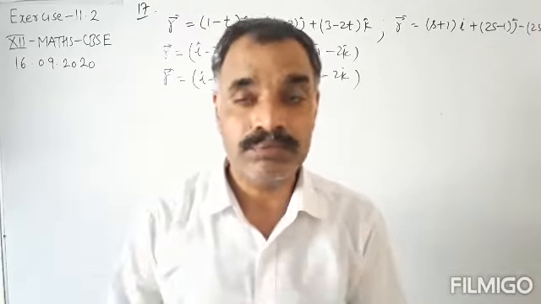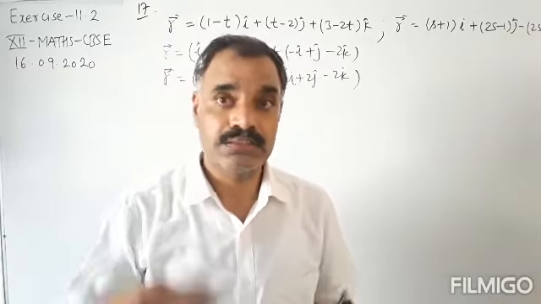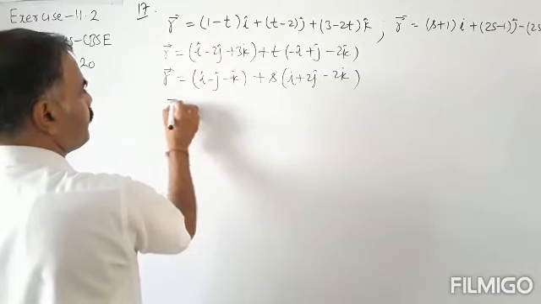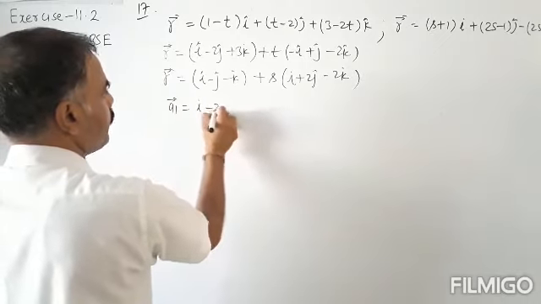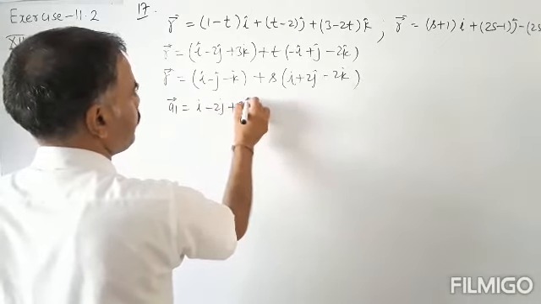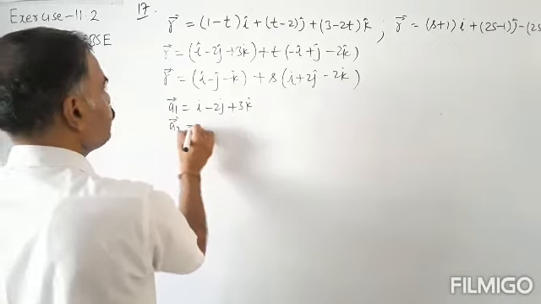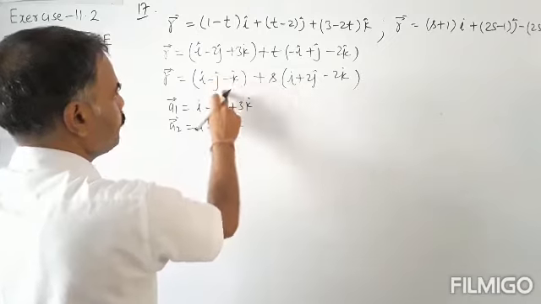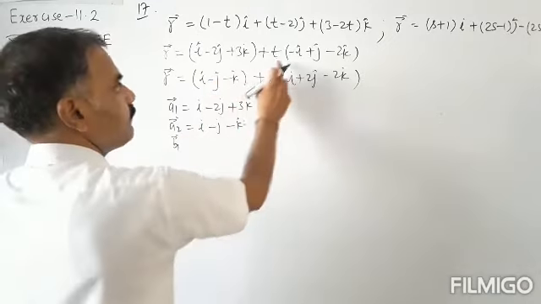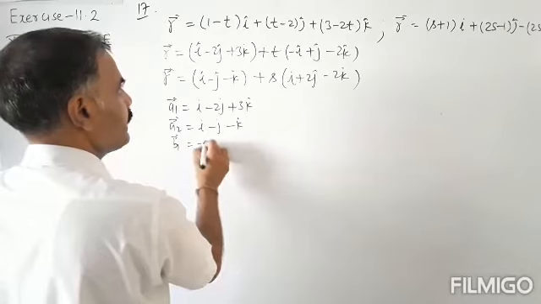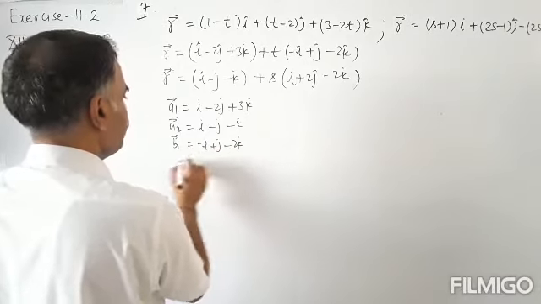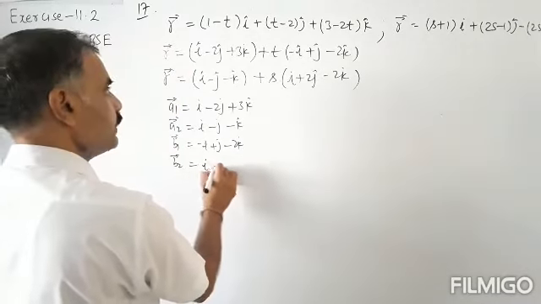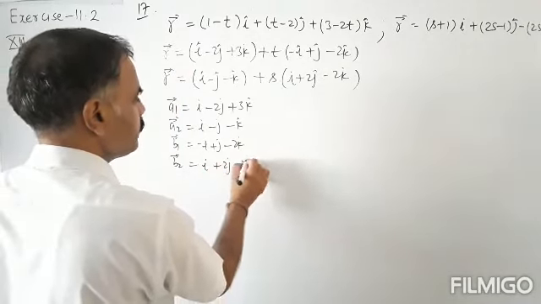Now sorting out the values: a1 vector is i cap minus 2j cap plus 3k cap. A2 vector is i cap minus j cap minus k cap. B1 vector is minus i cap plus j cap minus 2k cap, and B2 vector is i cap plus 2j cap minus 2k cap.